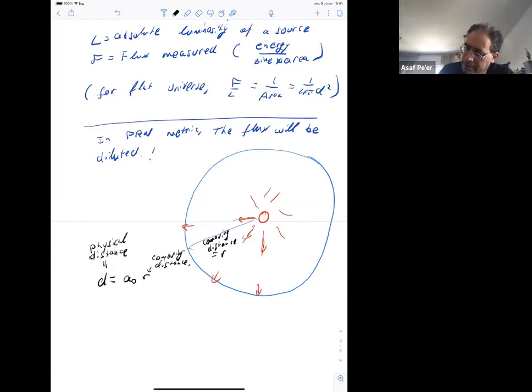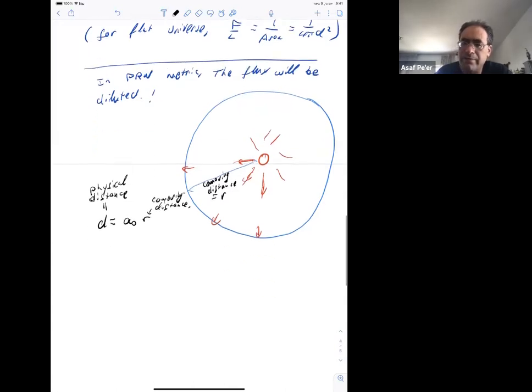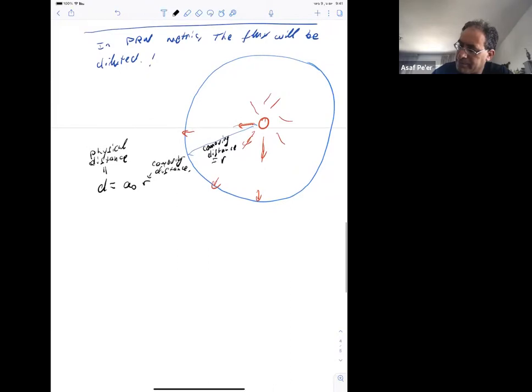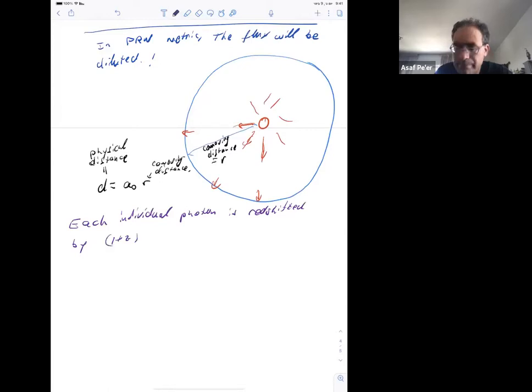Now, but we have a dilution of the flux by two other effects, right? The first one is that when we look at an individual photon, they are being redshifted, right? By a factor of 1 plus z. So each individual photon is redshifted by 1 plus z. So its energy as we see it is less than the energy that it had when it was emitted, right?